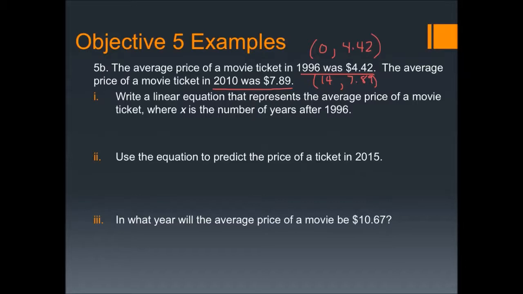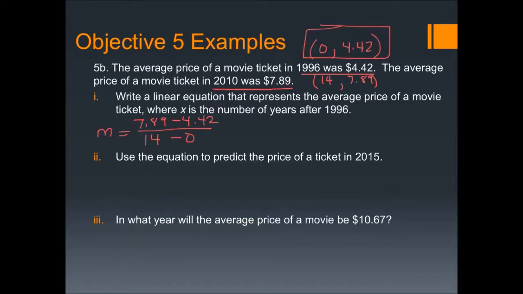So we need to do some math, find the slope. We can do that with the slope formula. We've already got the y-intercept, so we just have to find the slope. So the slope formula is there.